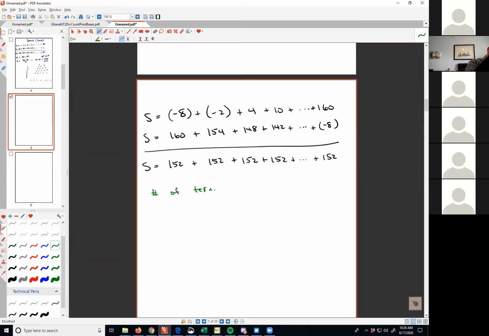That's basically 160 plus... We have this process that we repeat over and over again of adding 6 to -8. So you subtract -8 from 160 and divide it by 6.